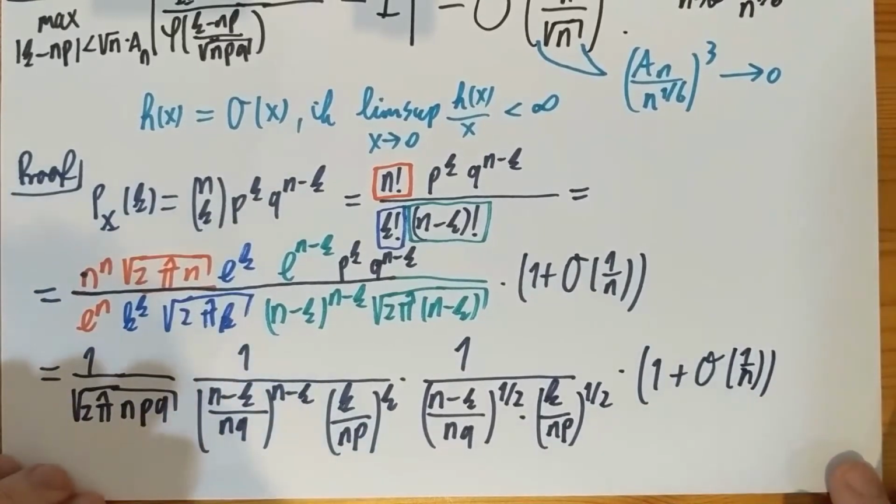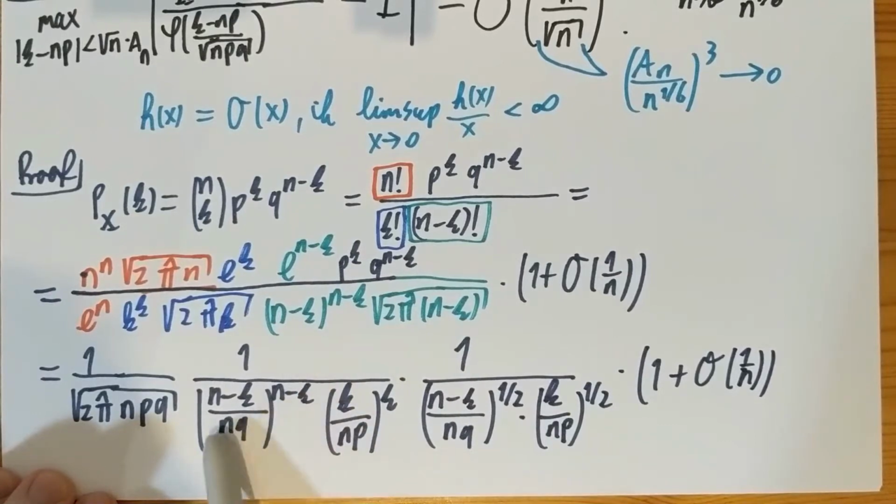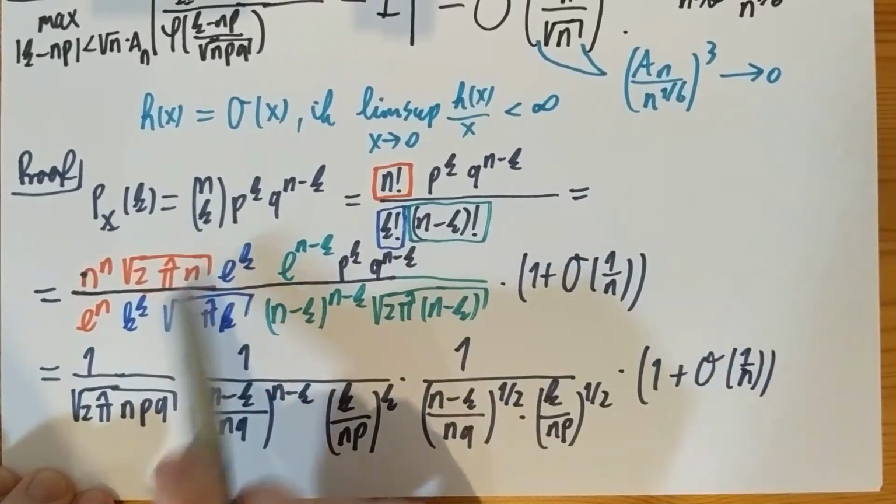And now let's see that this is actually valid. So can I find n to the n? Yes, n to the n is here. Can I find the square root of n down here? So I have a square root of n there. I have a square root of n in the denominator of the denominator, so these two actually cancel out. I have another square root of n down here which goes up there, and that's what I had before.